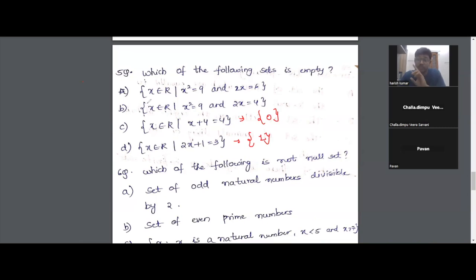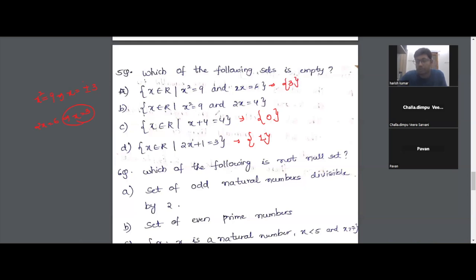Both conditions should be satisfied simultaneously. x square equals 9 implies that x can be plus or minus 3. And 2x equals 6 implies that x equals 3. So x can take 3. When x is 3, both x square is 9 and 2x is 6. Therefore, this set contains the element 3.